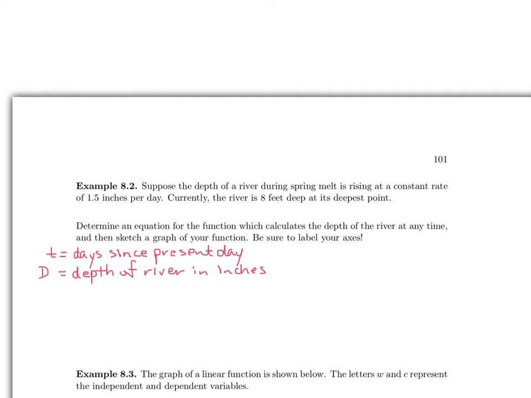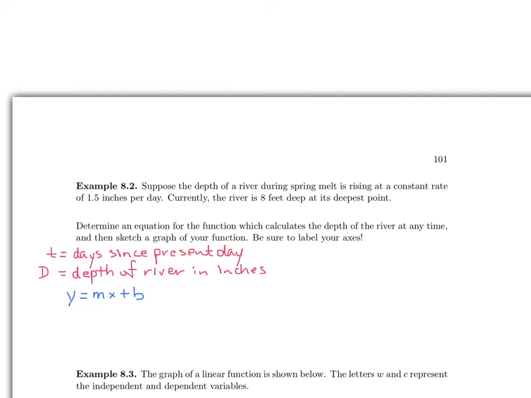Every linear function has the form y equals mx plus b. We need to fill in each of the four parts of this function, namely the y, the m, the x, and the b. We have to fill in each part with the part that's relevant for this example.